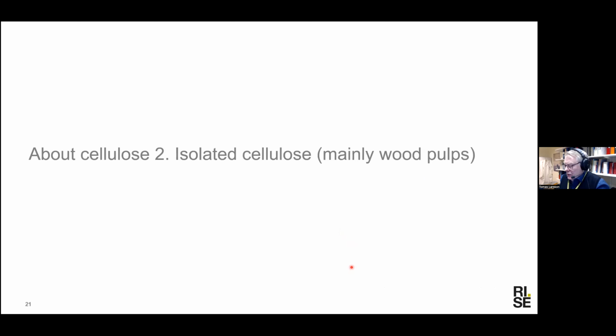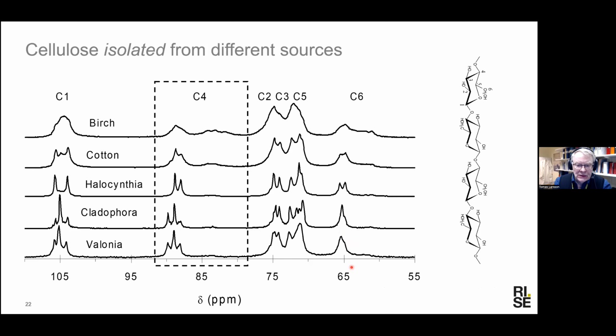So, okay, and with that said, if you move on to isolated cellulose, and my focus has always been for a long time on cellulose isolated from wood, so I'll stick to that one. There are other sources as well, but plant cellulose, we can say. We are back at what NMR says mainly.